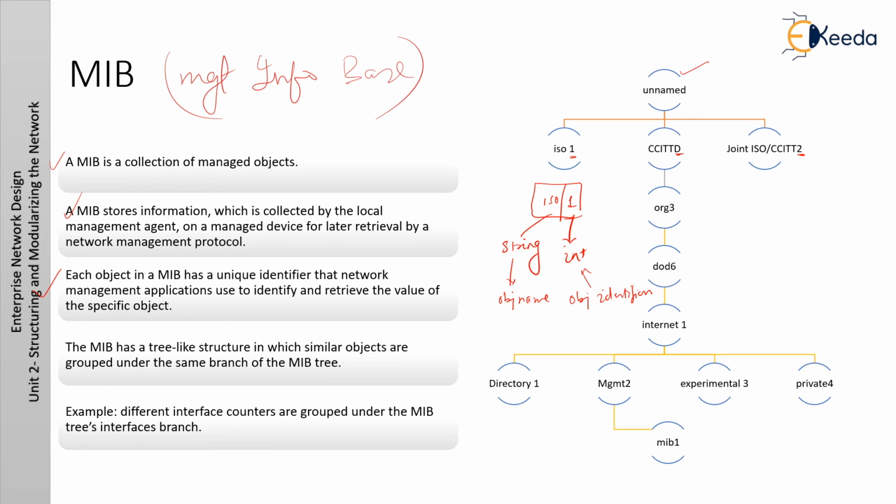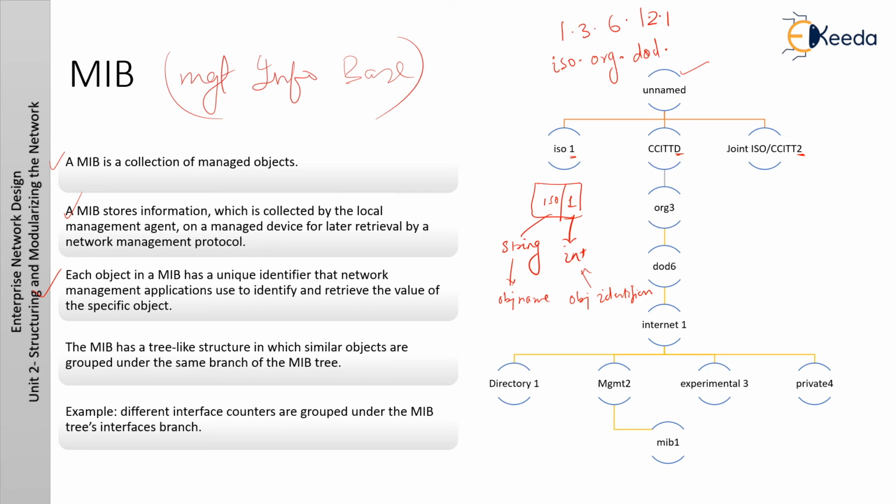The internet standard MIB is represented by the object identifier 1.3.6.1.2.1, which can be expressed as: ISO, 3 is org, 6 is DOD, Department of Defense, then 1 is again ISO.